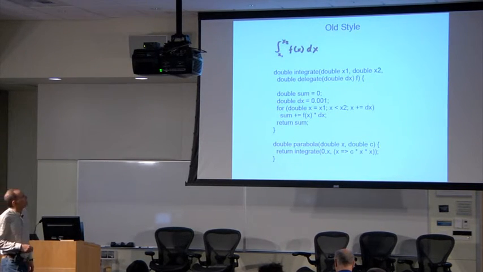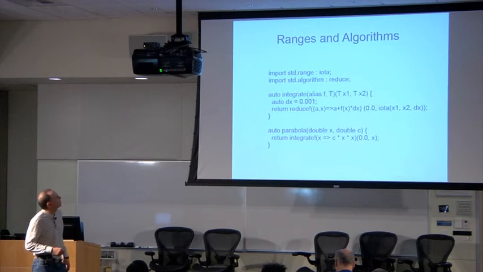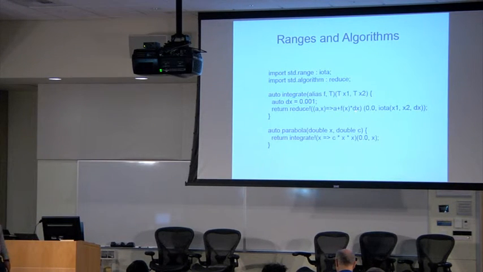So this is old style. What would new style look like? We make it a template so it works with any type instead of all those darn doubles everywhere. Auto, so it infers the return type. Auto, it infers the type of this. And here we've replaced the loop with reduce and iota. What iota does is act as a generator and feed new values into reduce, which takes our current sum and adds f of x times dx to it.